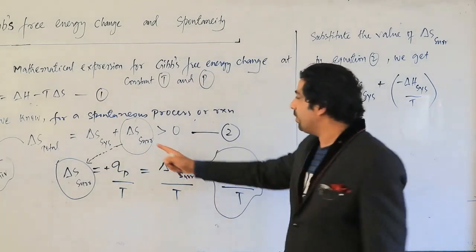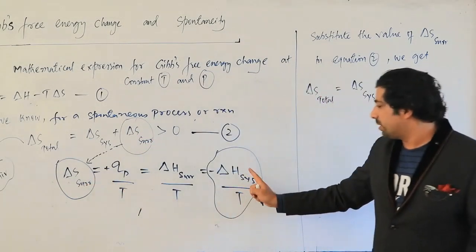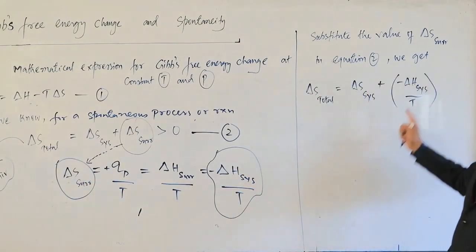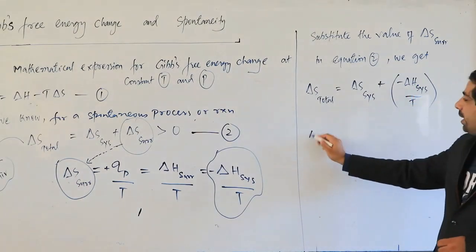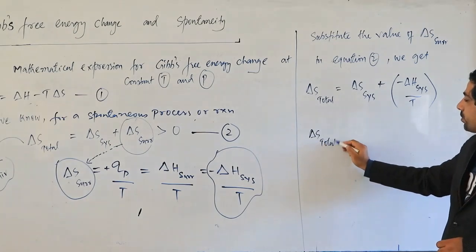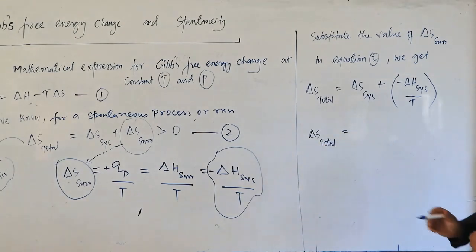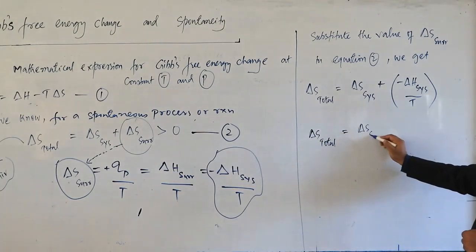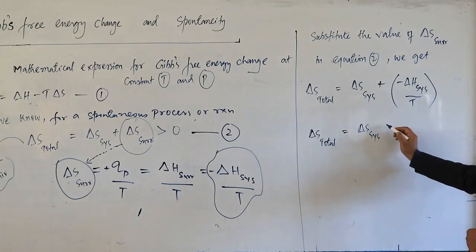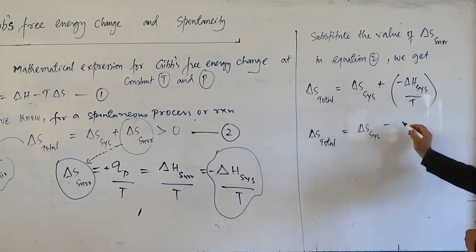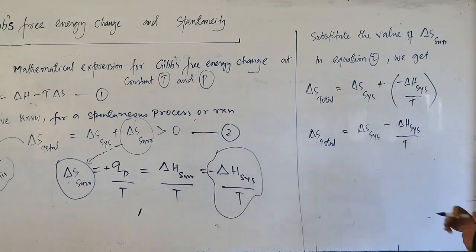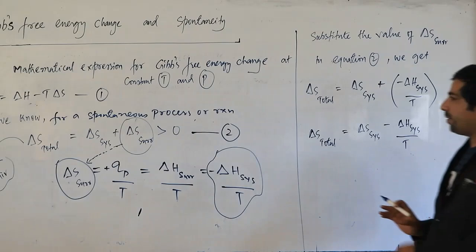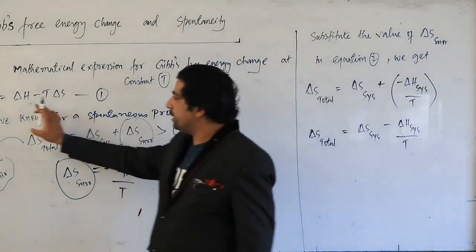So in place of delta S surrounding, I will use the final expression here: minus del H system upon T. So I will get del S total is equal to del S system plus minus only, so it is del H system upon T. So before I go further, my dear friends, let me mention here about this particular equation.